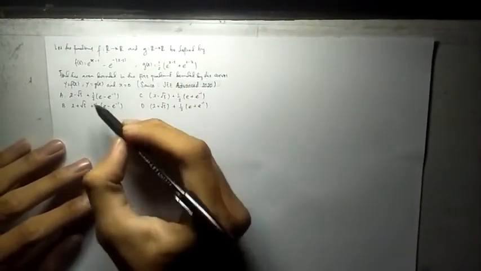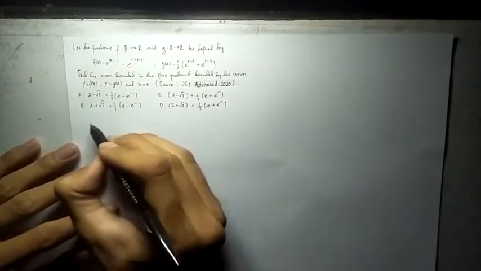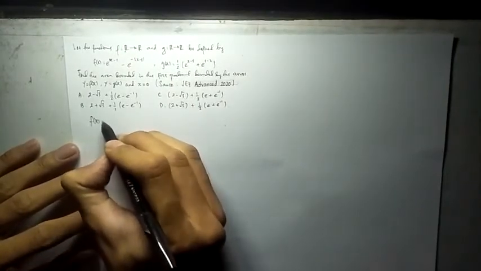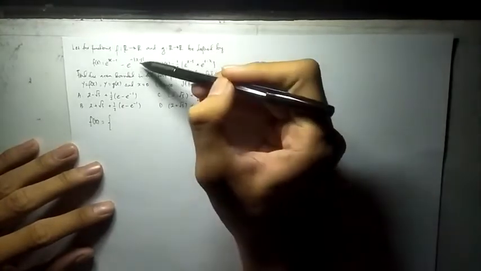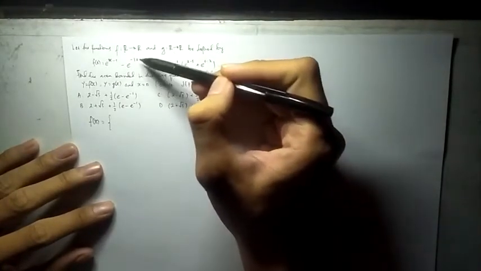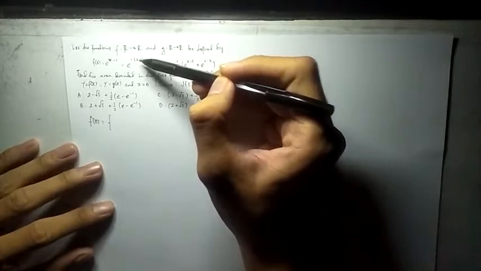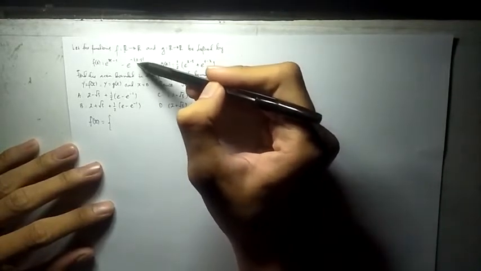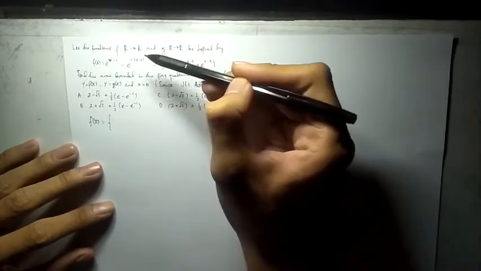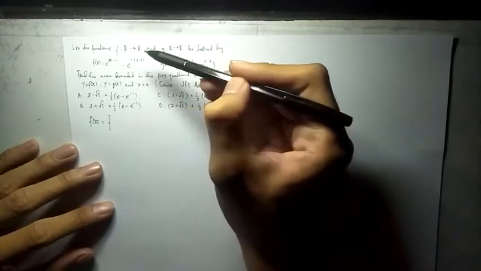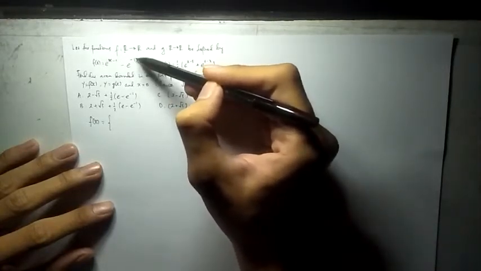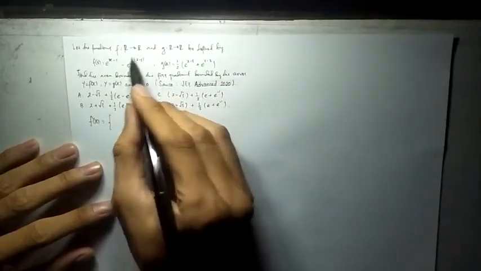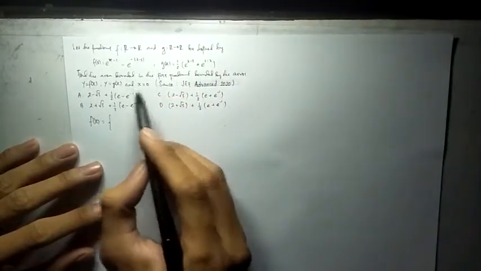First, for f of x, find the root where the absolute value equals 0. x minus 1 equals 0, so x equals 1. Now x equals 1 is the root of this absolute value in the exponent.